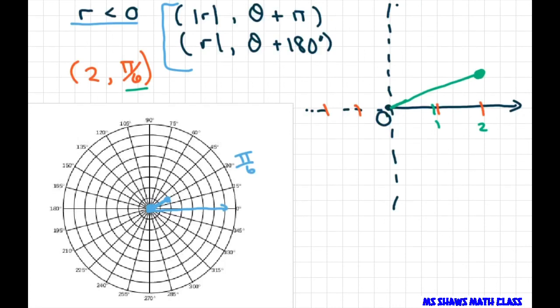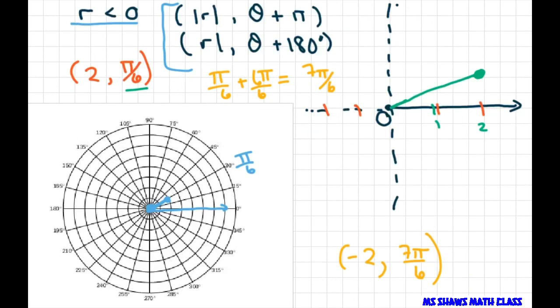And if you want to do other ones, what we can do is take the absolute value. So if we do negative 2, then we just have our angle plus pi. So pi divided by 6 plus pi is really 6 pi divided by 6, which is 7 pi divided by 6.